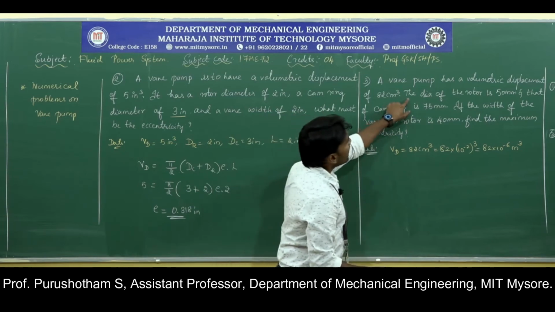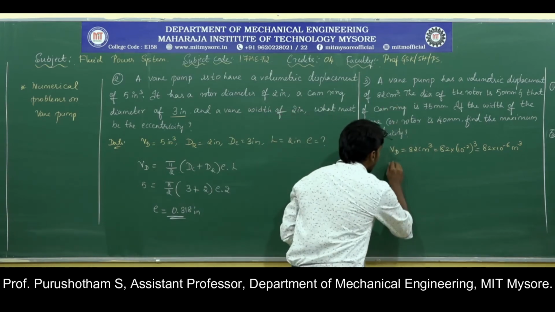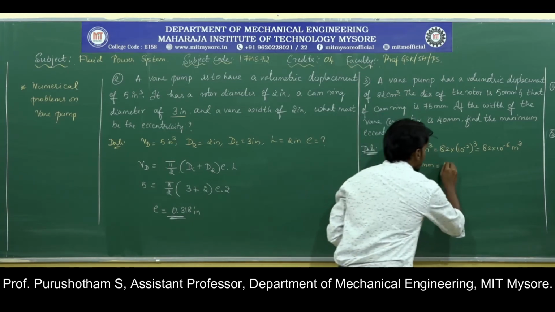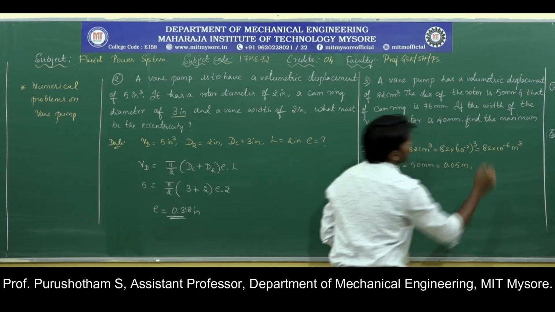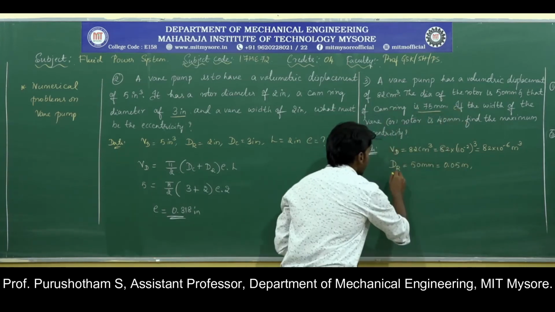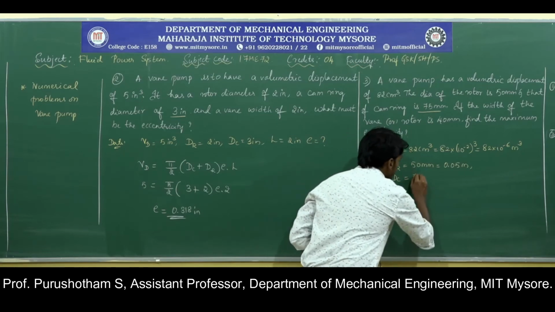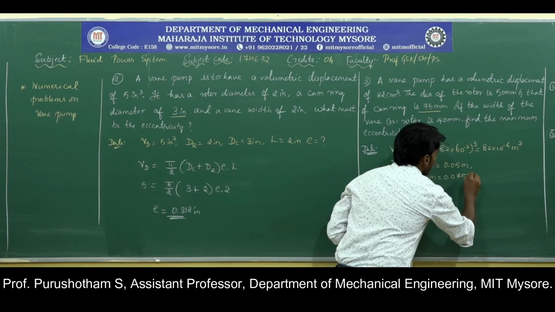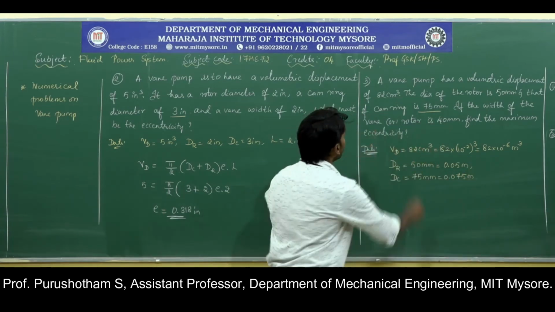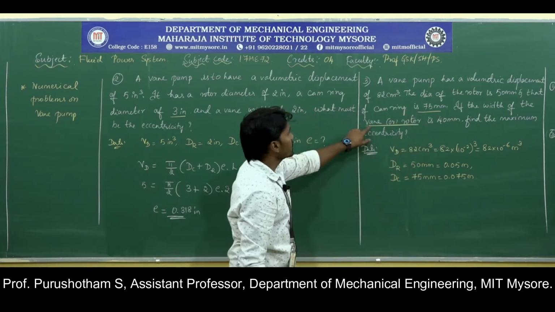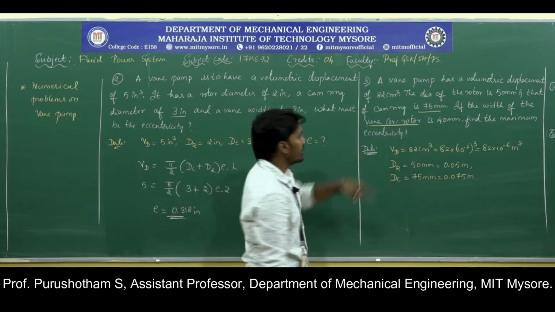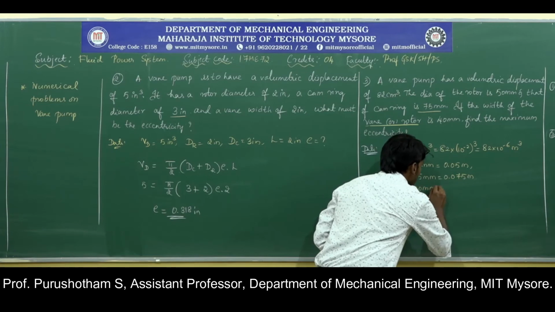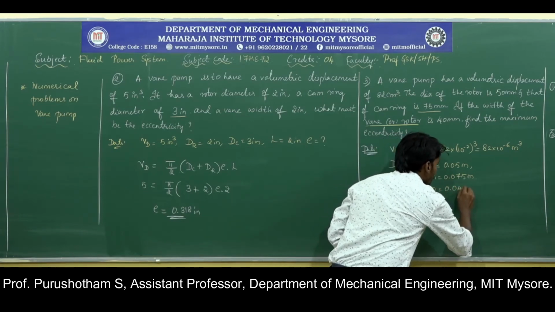The diameter of the rotor is 50 mm, which is 0.05 meter. The diameter of the cam ring, dc, is 75 mm, that is 0.075 meter. The width of the vane and rotor are the same, so L is given as 40 mm, which is 0.04 meter.